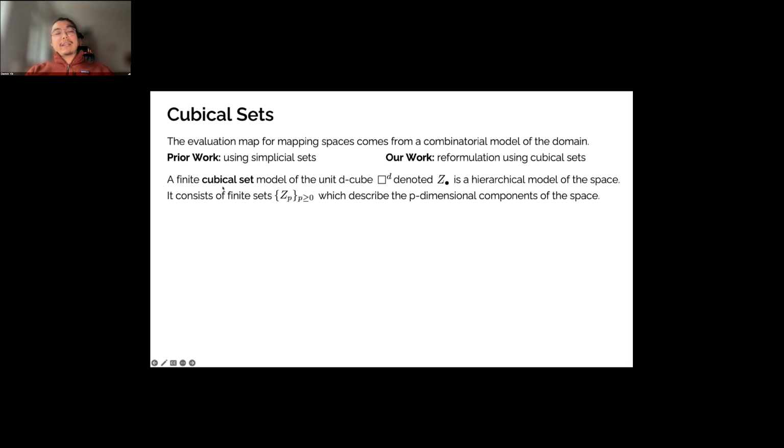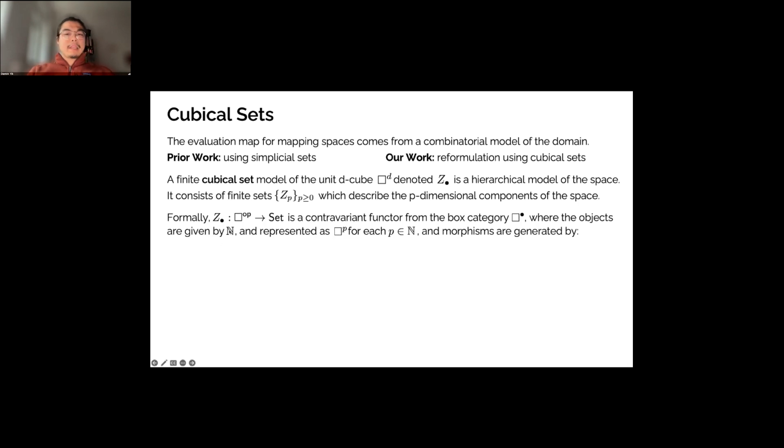A finite cubical set, we can think about this as some combinatorial model of the unit D cube. So we'll denote this cubical set Z dot. This consists of some finite sets, ZP, and you should think about these elements of ZP as the p-dimensional components of the space.